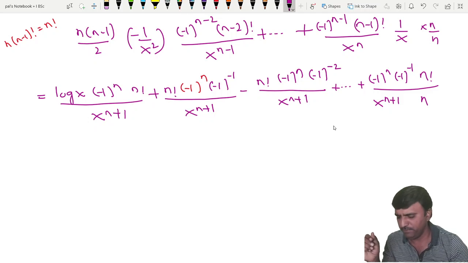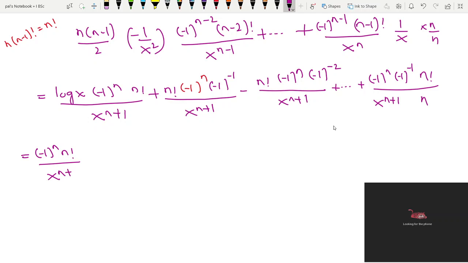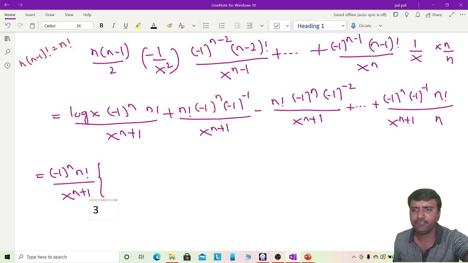Now simplifying this, here you can take minus 1 to the power of n, n factorial divided by x to the n plus 1 as a common factor.